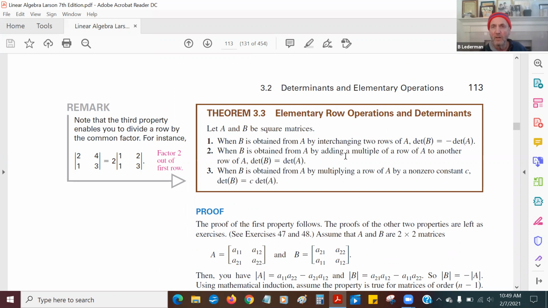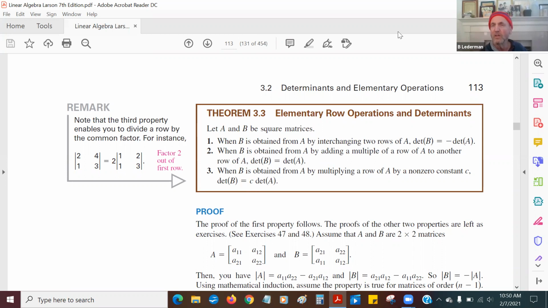If I add a multiple of a row onto another row, it does not change the determinant at all. And if I multiply a row by a non-zero constant, then the new determinant is going to be that constant times the old determinant.